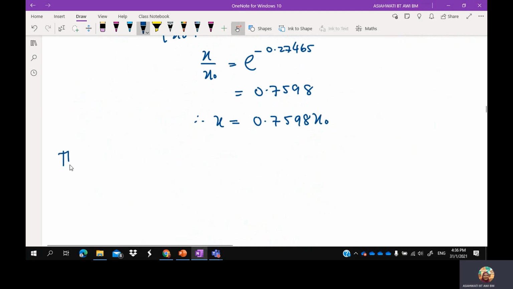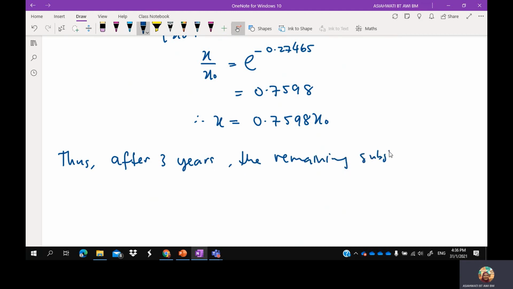Thus, after 3 years, the remaining substance approaches 0.7598 x naught over the initial amount, times 100%.